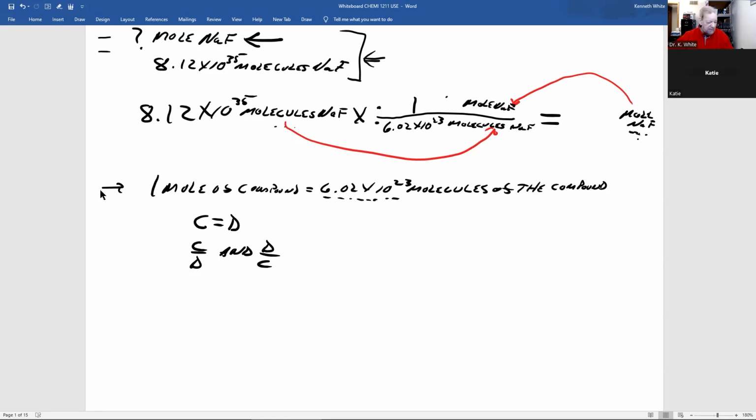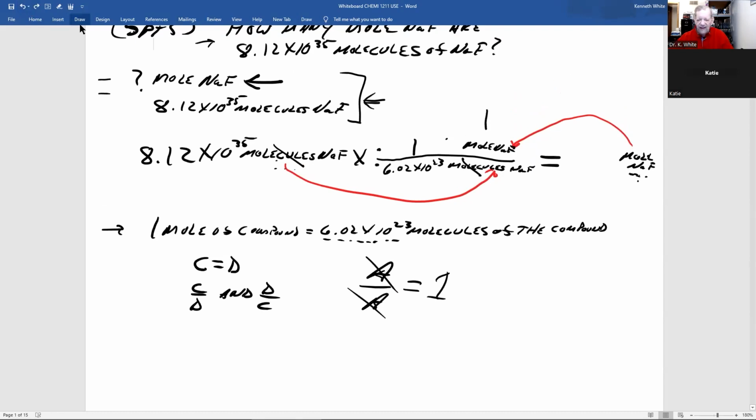Now, before I pick up my calculator, I'm going to check, do my units cancel out? And here we have molecules divided by molecules. Remember, anything divided by itself equals number 1, which means it's canceled out. And all I'm left with is, oh, crooked arrow time.